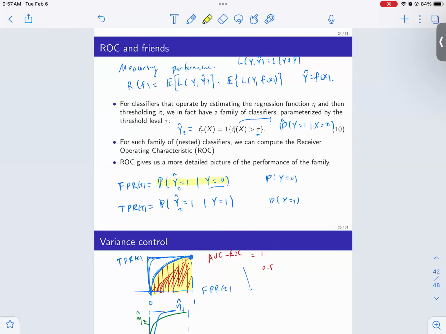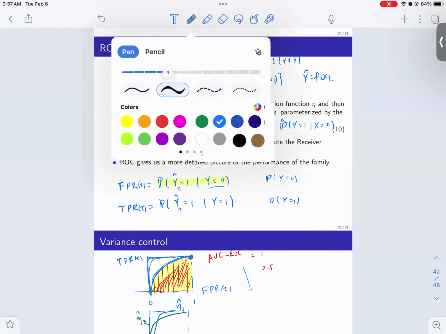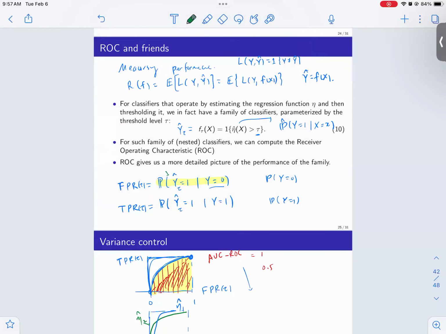The true false positive rate is at the population level, which you don't have. So remember, this is in our test data. It is for test data, yeah. So it's like your f hat tau of x, given that y is equal to 0. So do it properly.